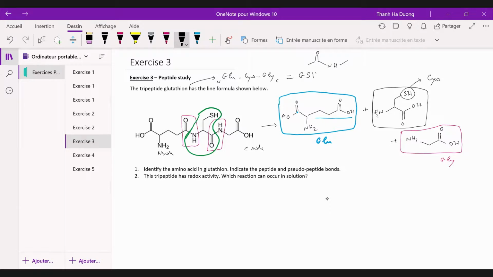The abbreviation of glutathione is GSH because we put the thiol groups, and 2 GSH can form a covalent bond called a disulfide bridge, and it's an oxidation reaction.